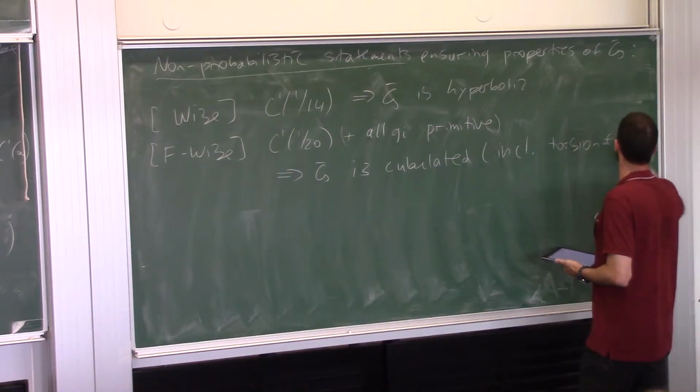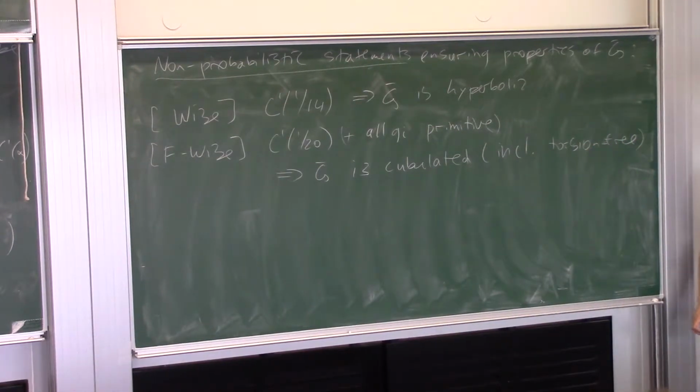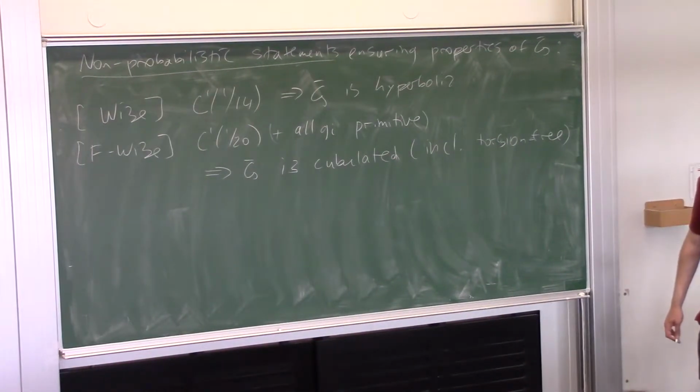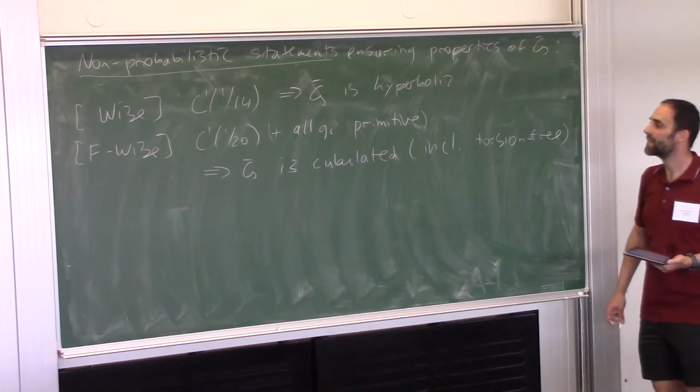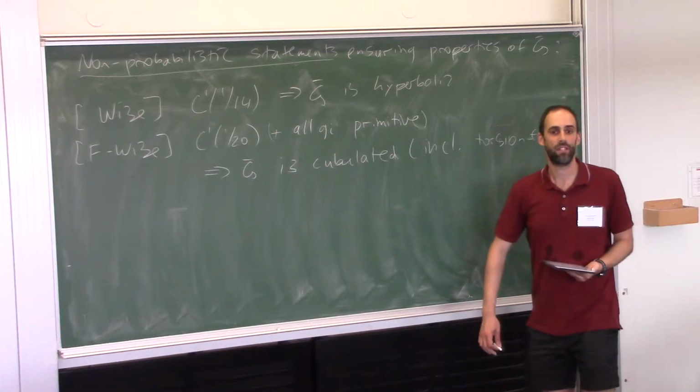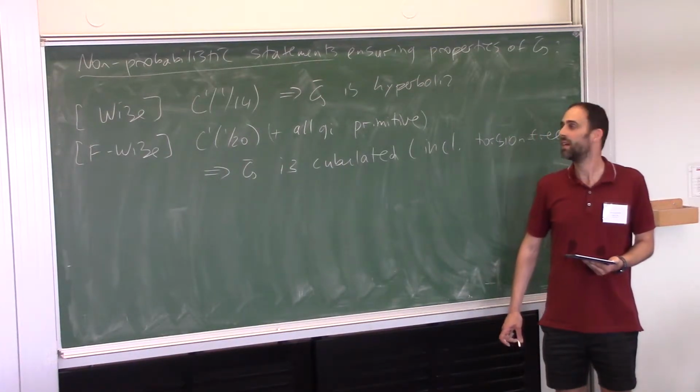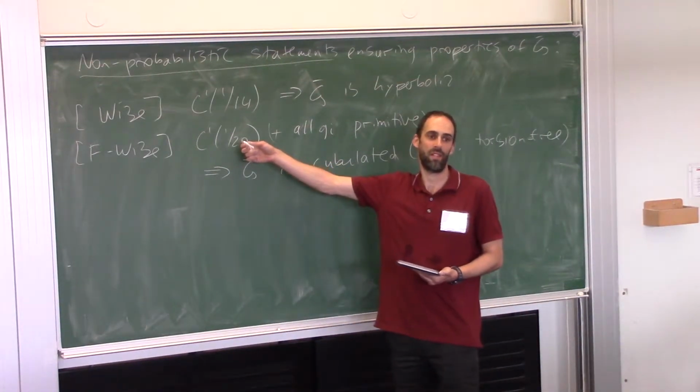Do you only need primitivity to rule out the obvious? Yes. You only need primitivity to rule out the obvious version of the quotient, then you rule out all. So in particular, if you chose the normal version of cubulated, then you would get the normal version. That's right. But if I had chosen to use the normal version of cubulated, I couldn't loosen this 1/20.